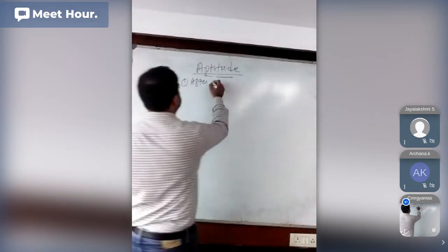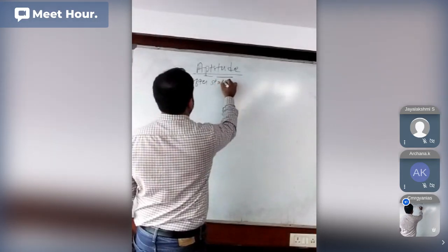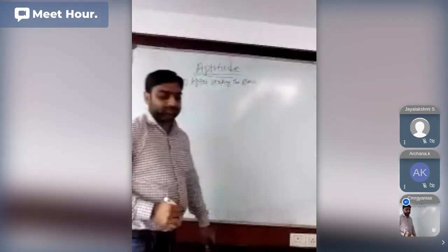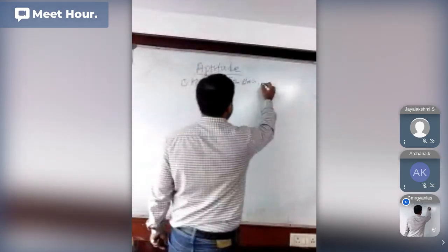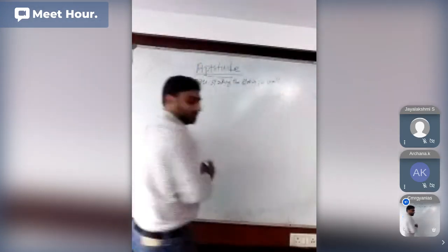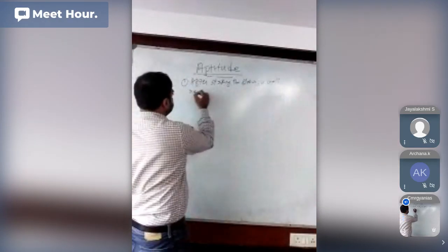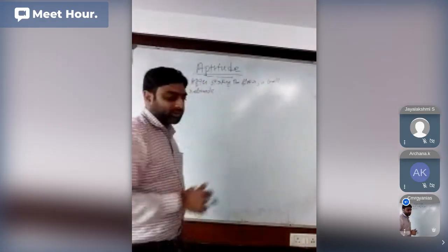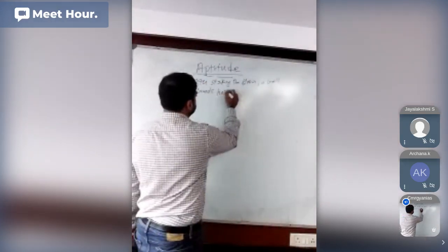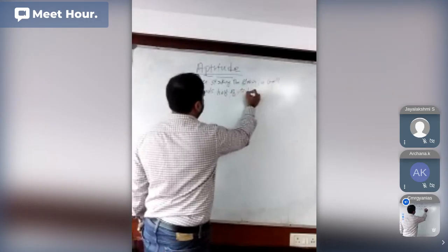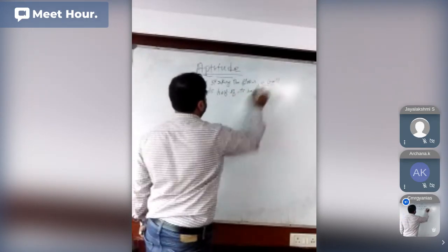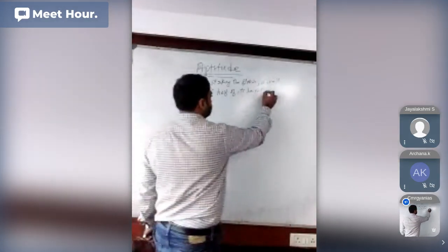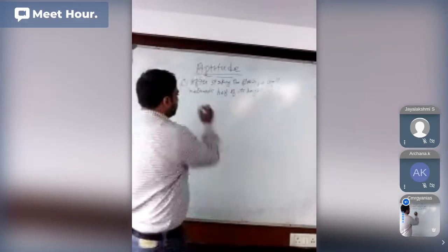So, after striking the floor, a ball rebounds. The ball rebounds half of its height. Full stop.